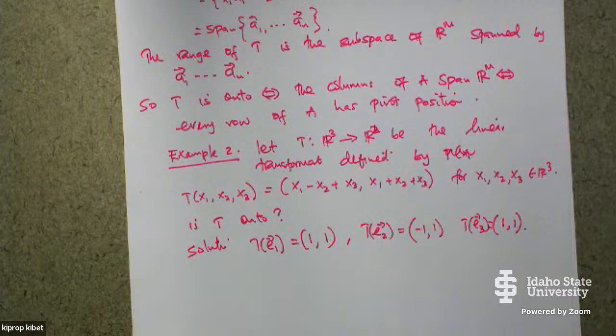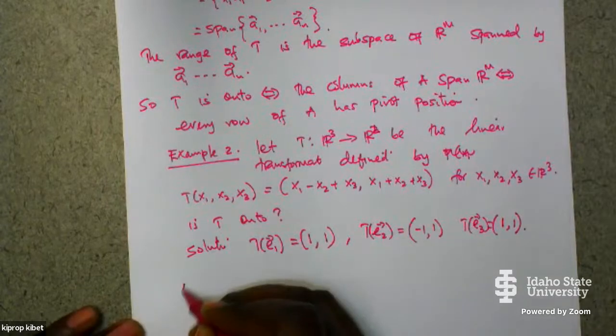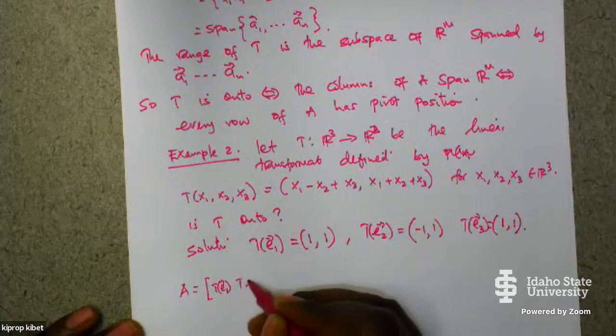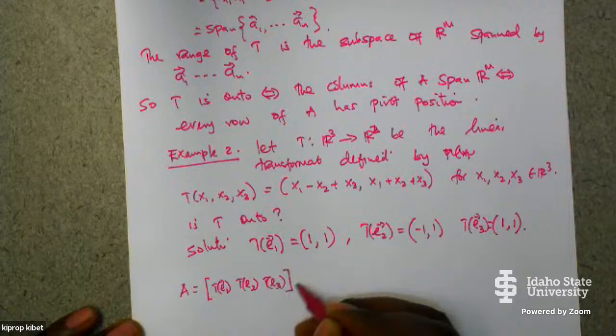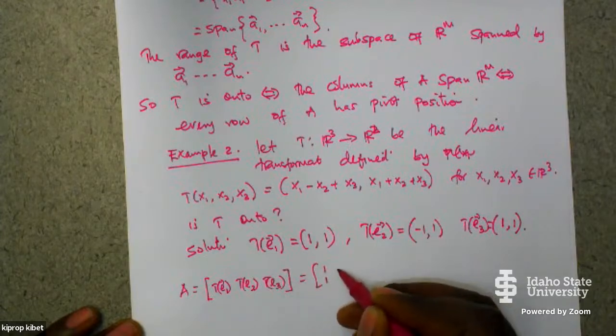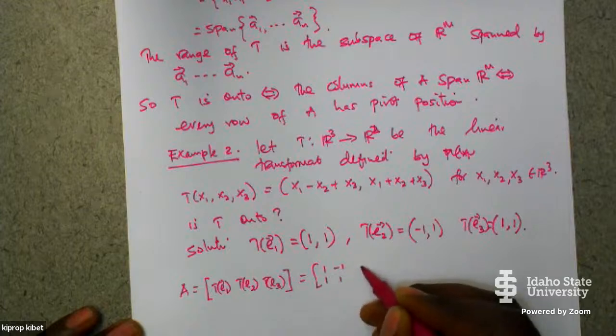So now when we put this one in matrix form, A will be equal to T(e1), T(e2), T(e3), which is equal to 1, 1, negative 1, 1, and then 1, 1 there.